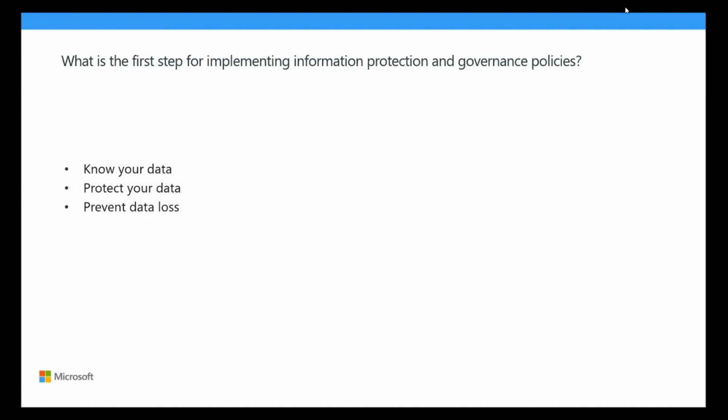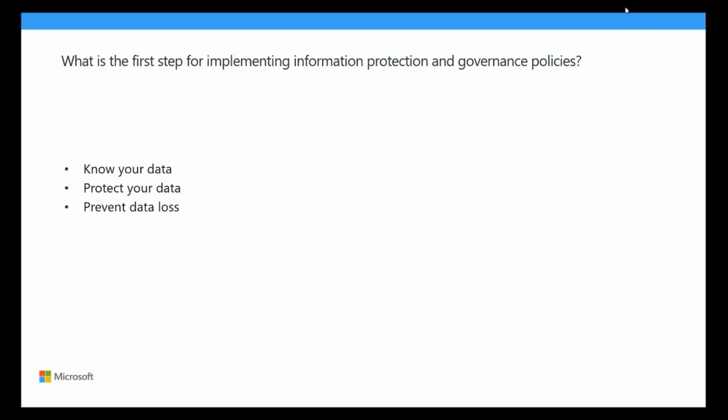All right, guys. So the next question is, what is the first step for implementing information protection and governance policies? We talked about this. The way you create an information protection and governance policy is first you identify what kind of data you're dealing with.